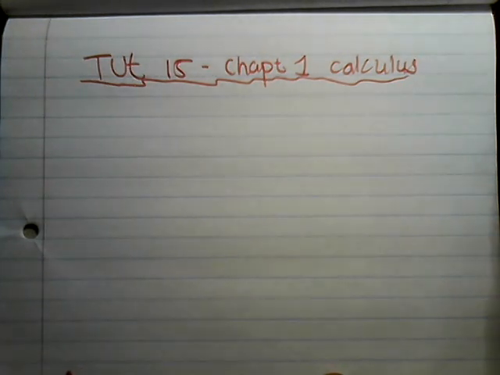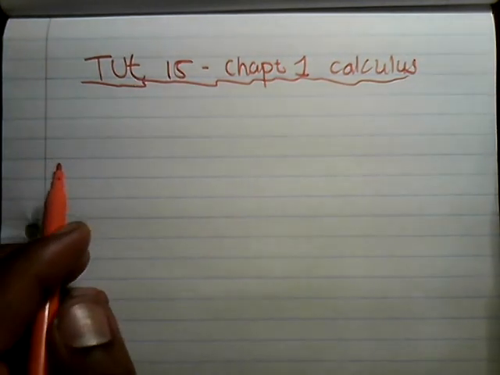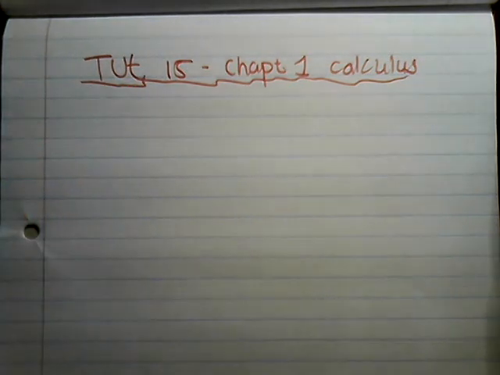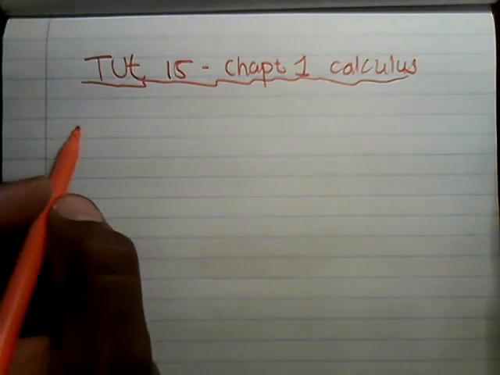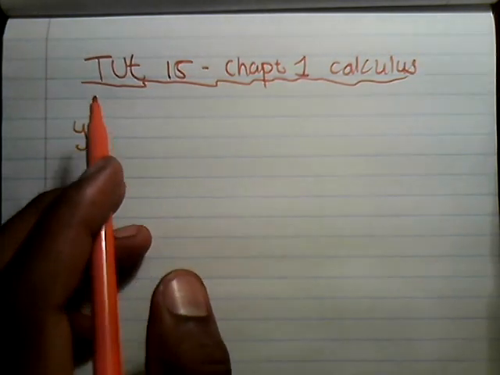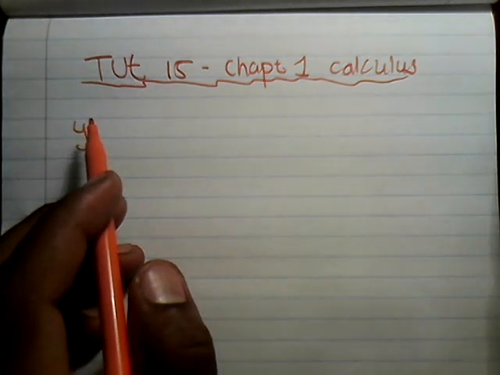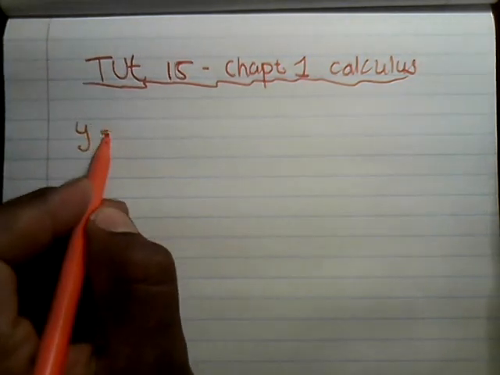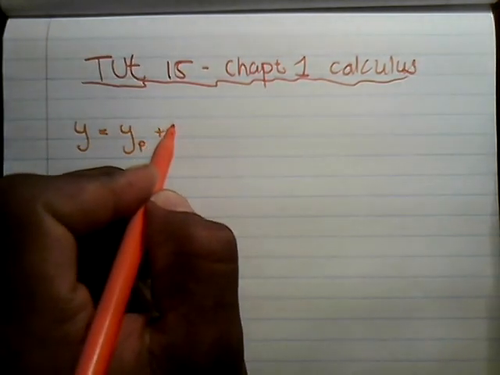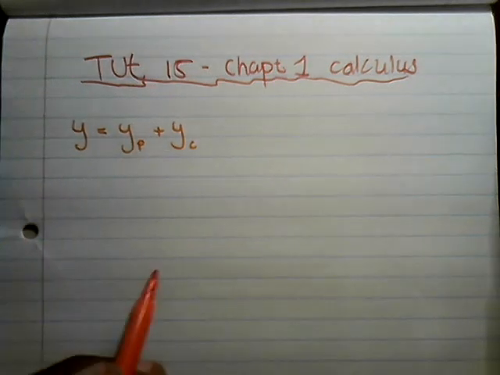I won't do the complementary solution because we did that in the previous video, tutorial 13. For every question I'm only going to do the particular solution. To give the complete solution, you will have to say y, where y represents the complete solution of the function, is equal to yp, the particular solution, plus yc, the complementary solution.